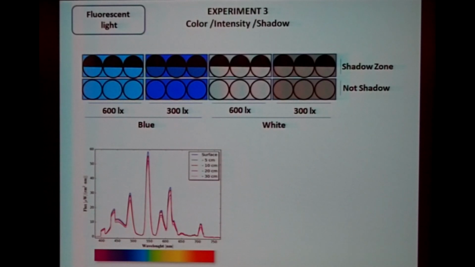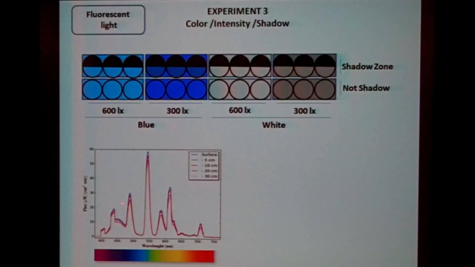We also compared the light under the water in this experiment. In this case it's only a 100 liter tank, a small tank. But you can see a small difference between the surface and 30 centimeters.